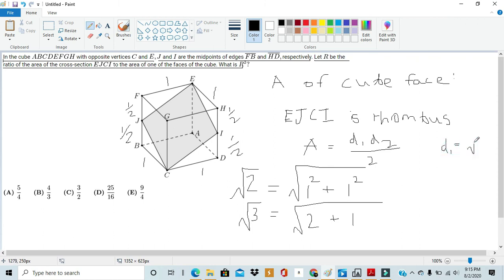is root 3. Next, we have to compute for the length of the other diagonal, which we can take as JI. Now, JI looks a little bit tricky, but there's actually something really interesting about it. The length between JI is the same as the length between BD, or any diagonal between the square sides of the cube.